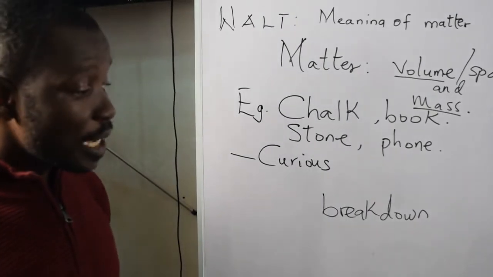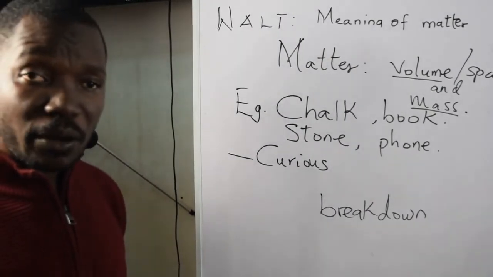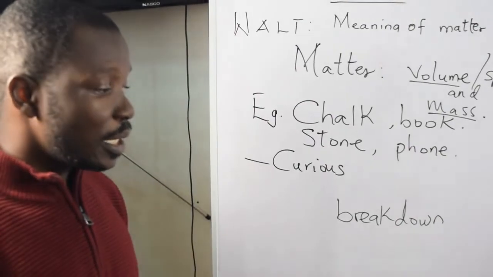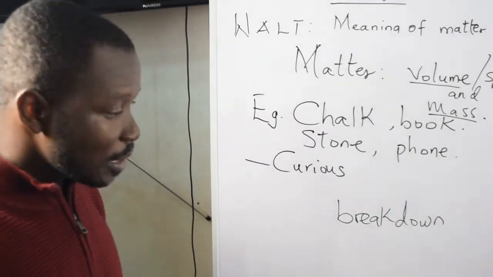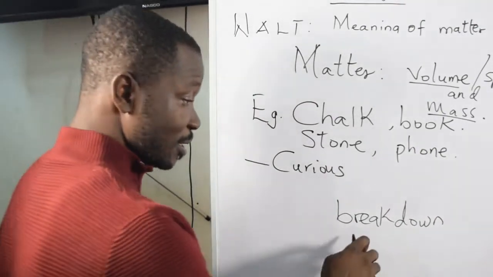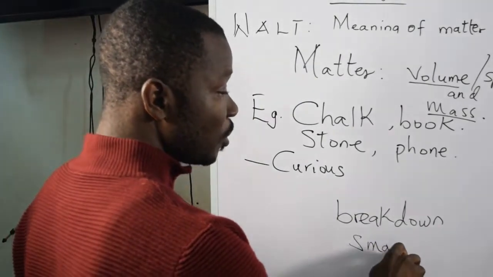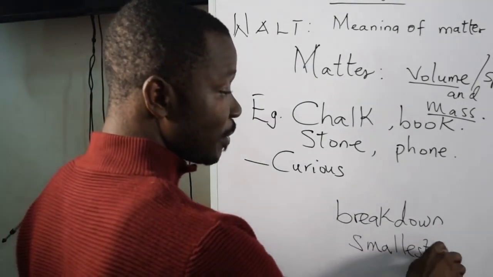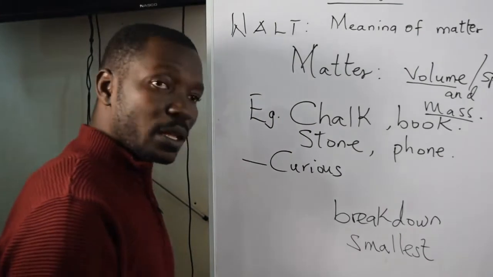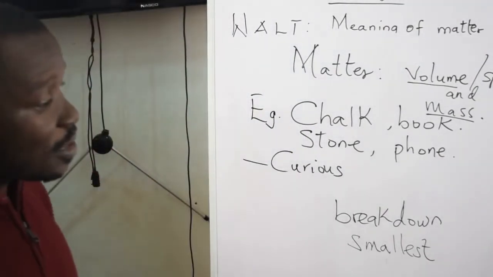Now when I break it down, of course, I will not get a particle that is uneven. I want to get a particle that is the smallest. So when I break it down, I'm looking at the smallest particle. We then come back to science.